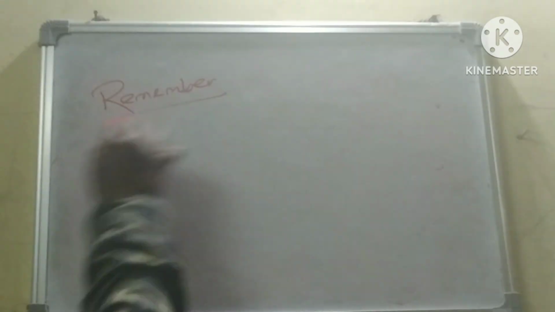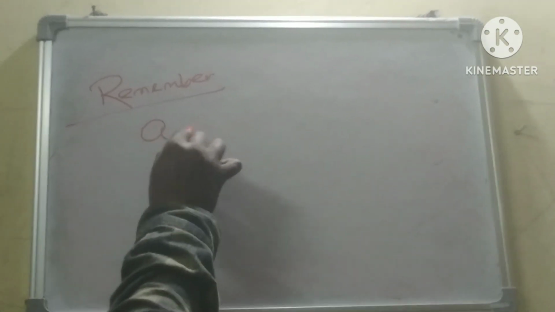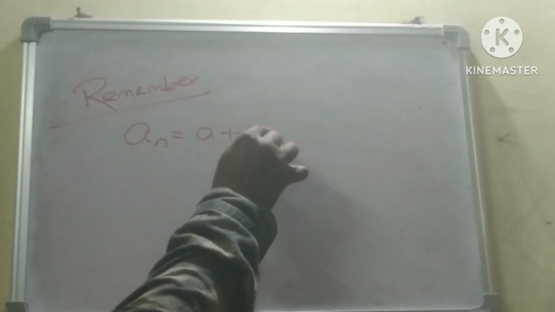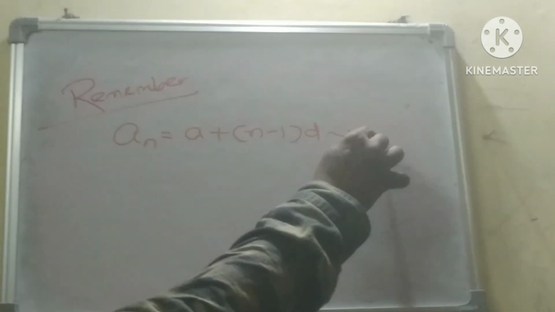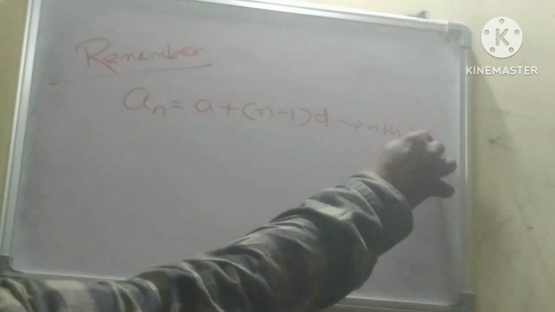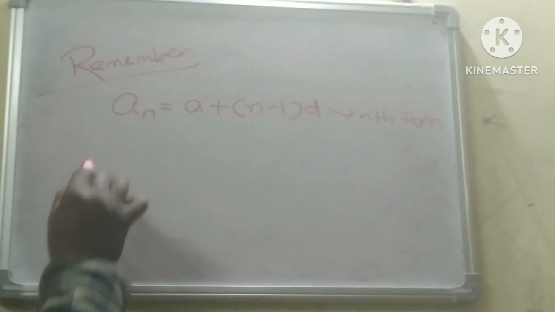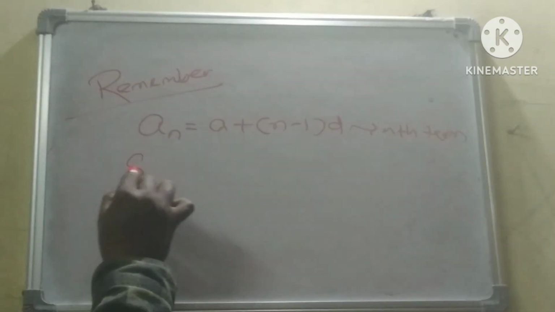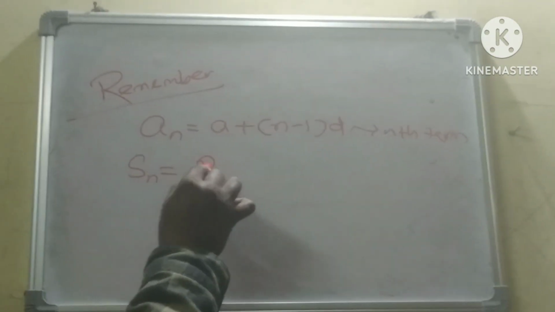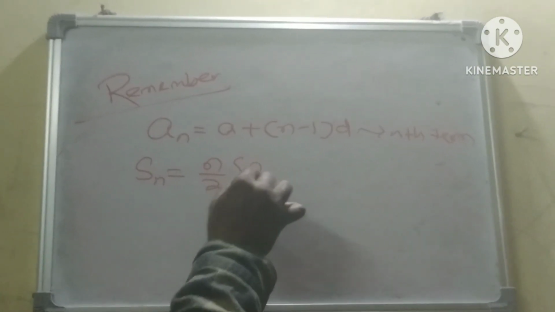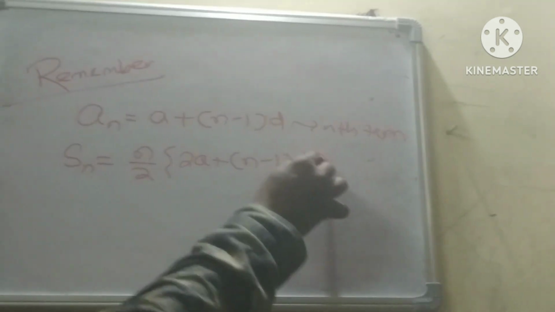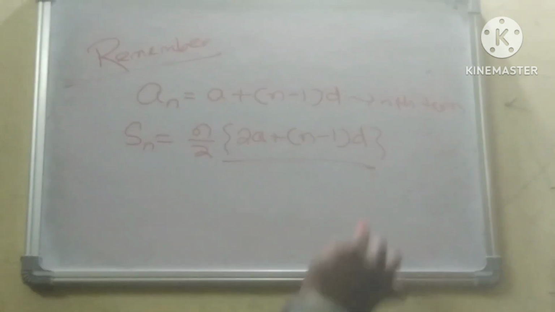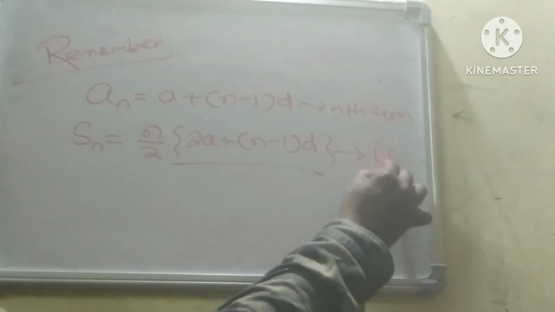All these formulas for AP, remember: nth term is a plus n minus 1 into d. Then the sum of n terms is n by 2 whole into 2a plus n minus 1 into d. If they are not consecutive, we will apply this formula.